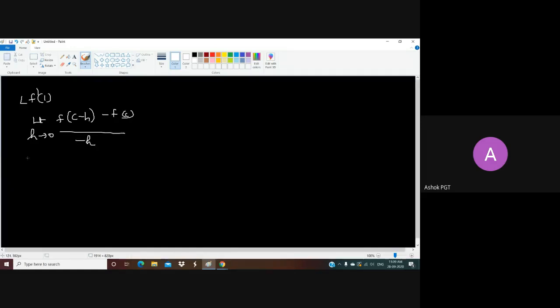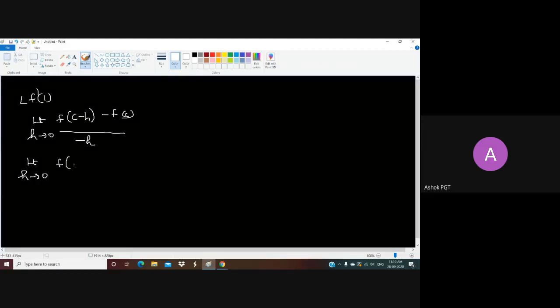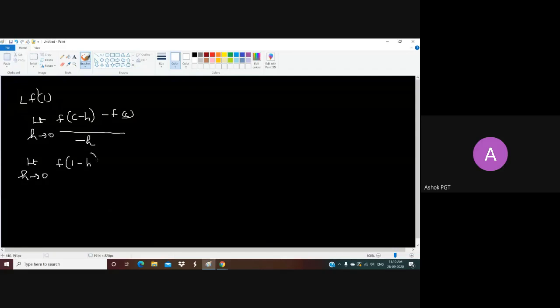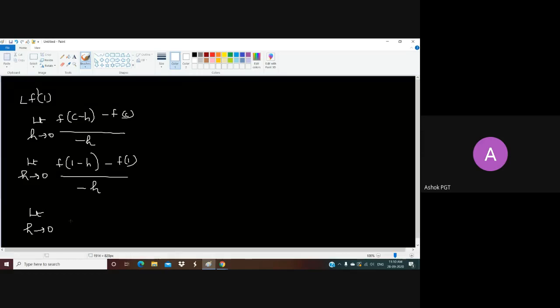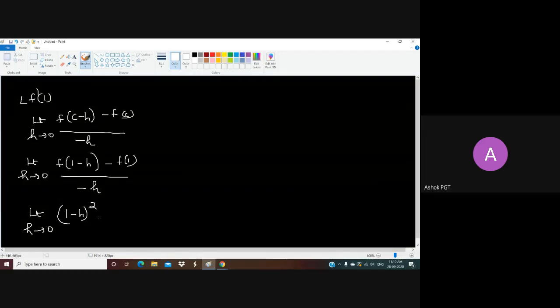Here c value is equal to 1, hence limit h tends to 0, f of 1 minus h minus f of 1 whole divided by minus h. Here function is equal to x square, hence we are giving 1 minus h as an input for that function. So it becomes 1 minus h whole square minus, we are giving 1 as an input, so it becomes 1 square, whole divided by minus h.